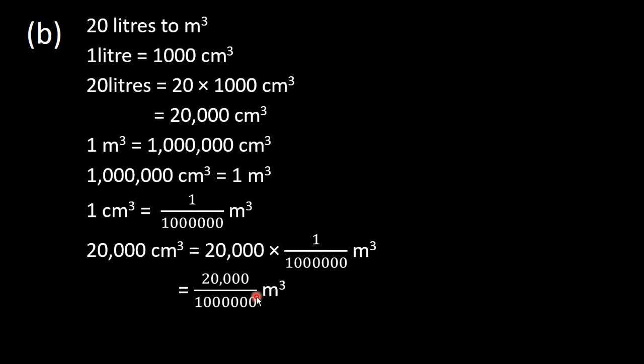If we divide that, we get 0.02 cubic meters. So it implies that 20 liters is equivalent to 0.02 cubic meters. Let's look at the next question.